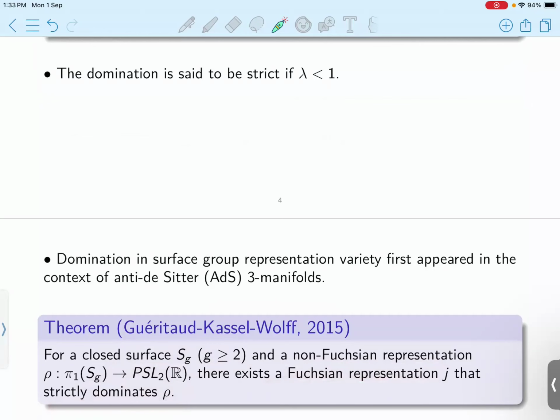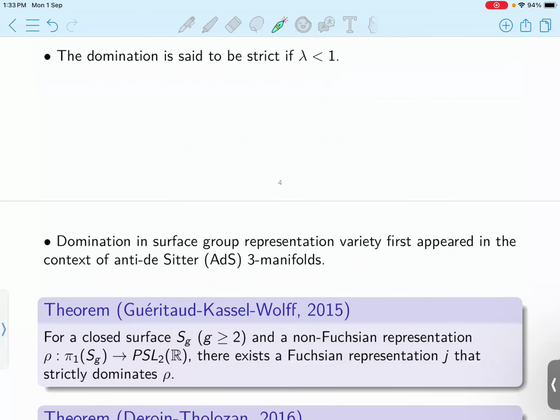Here, recall that a Fuchsian representation means a discrete and faithful representation in PSL2R. This theorem has direct application in the construction of AdS 3-manifolds, and their proof involves the idea of a folded hyperbolic structure.